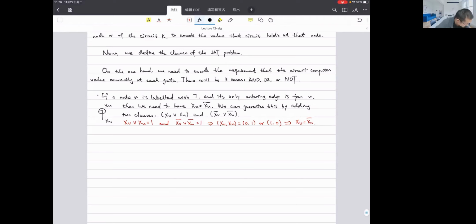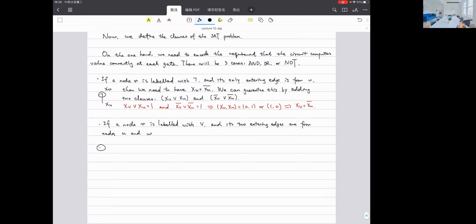If a node V is labeled with an OR, and its two entering edges are from nodes U and W, then we have an OR gate like this, with output XV and inputs XU and XW.